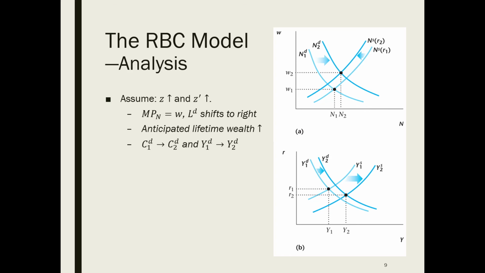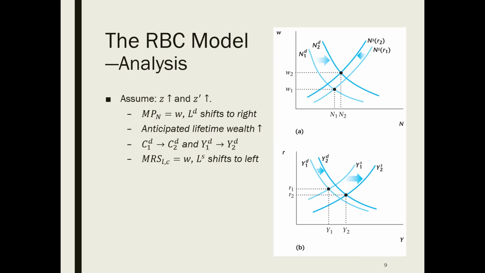However, this is not the end yet. A higher labor demand means a higher lifetime wealth for the consumer, so consumption demand will increase. This will feed back to the intratemporal condition of the consumer. A higher C will only be offset by a proportionate increase in leisure to keep the balance between the two sides of the condition.